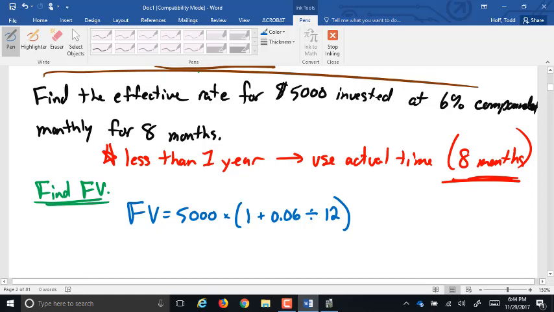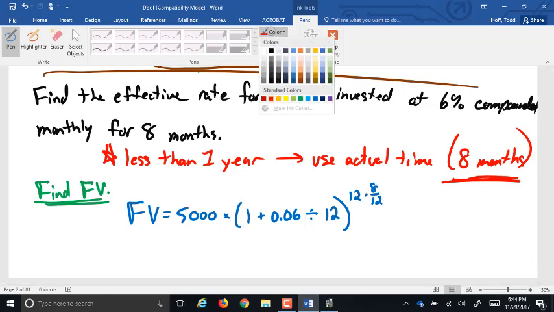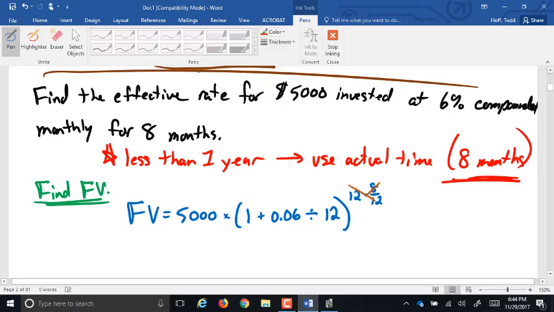Now here's the tricky part. N is still 12, right? What's T? 8/12 because it's in months. What's this number come out to be? Well, 12 times 8/12, the 12's cancel out, you're left with 8. Which makes sense. If it's compounded monthly for 8 months, how many periods are there? There's 8 months. It's 8 periods.